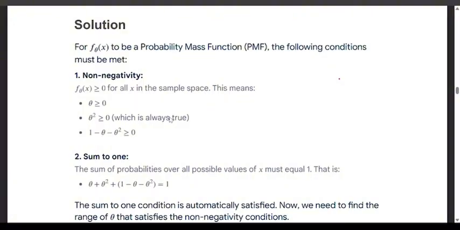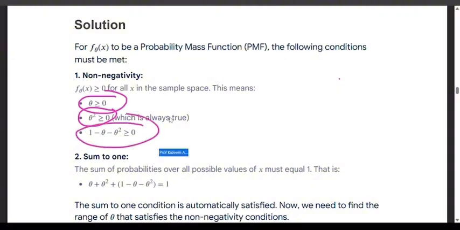We're first gonna investigate the Kolmogorov axiom of non-negativity. We have to say that theta has to be greater or equal to zero, theta squared has to be greater or equal to zero, and the other one also has to be greater or equal to zero.